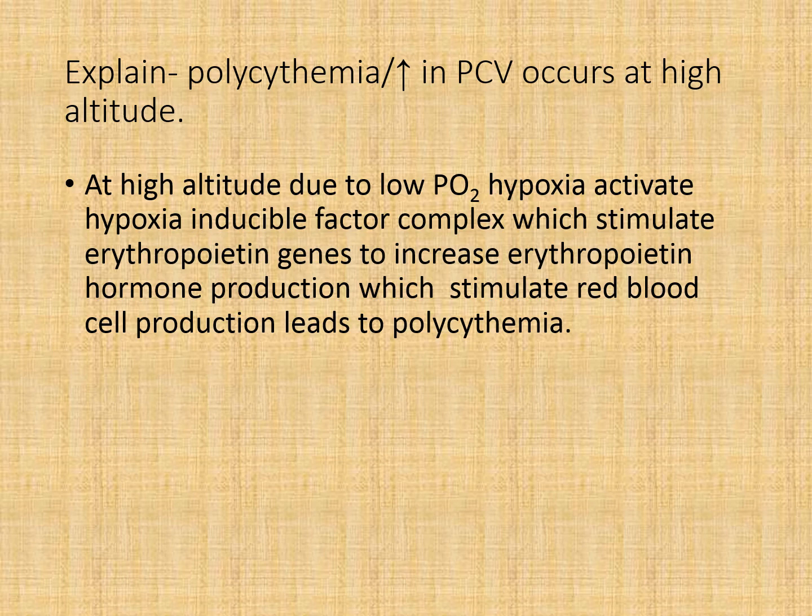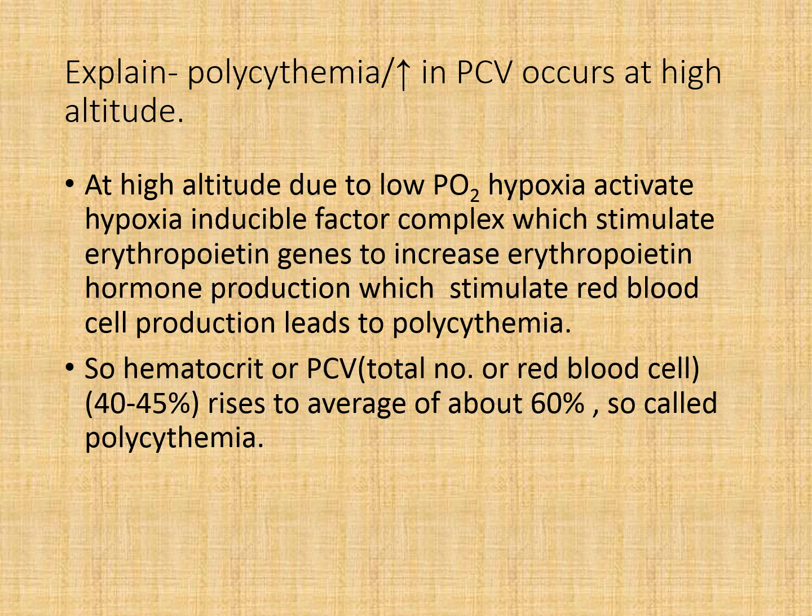So naturally it is present in all the cells of the human being. So when there is hypoxia, it activates hypoxia inducible factor complex, which stimulates the erythropoietin gene to increase erythropoietin hormone production, which stimulates red blood cell production, and ultimately the total red blood cell count increases. That is known as polycythemia.